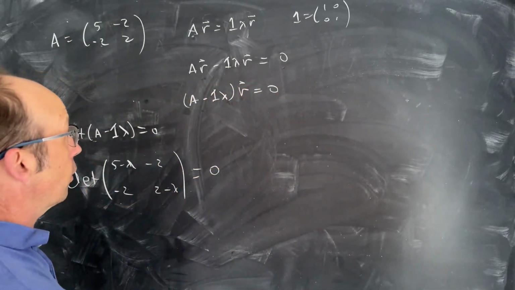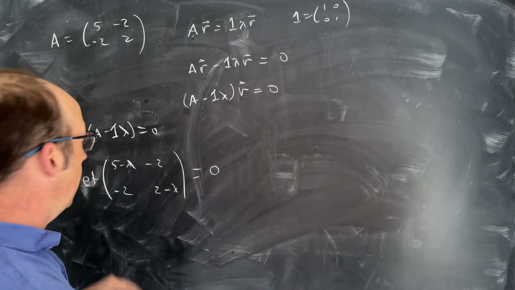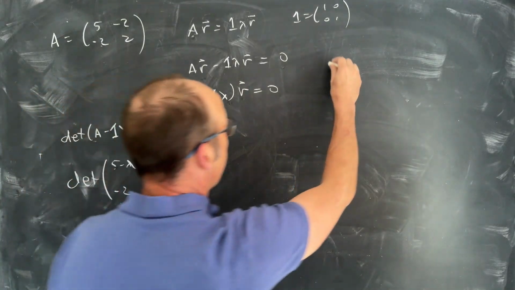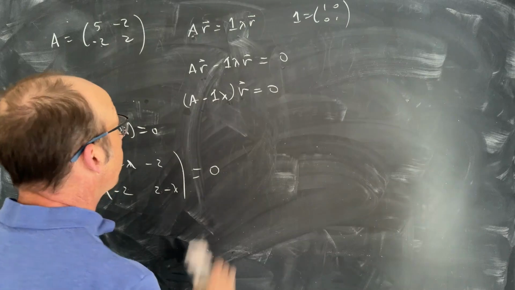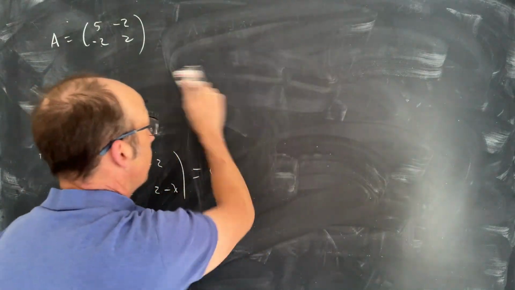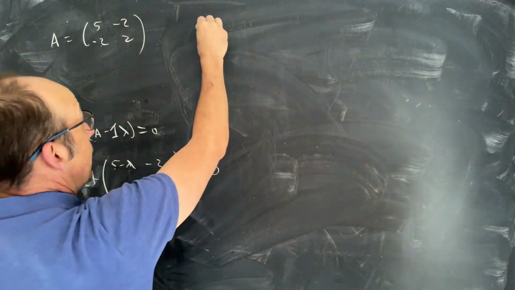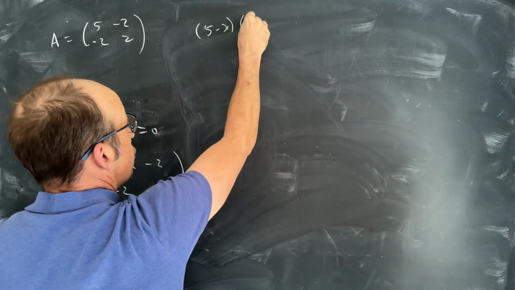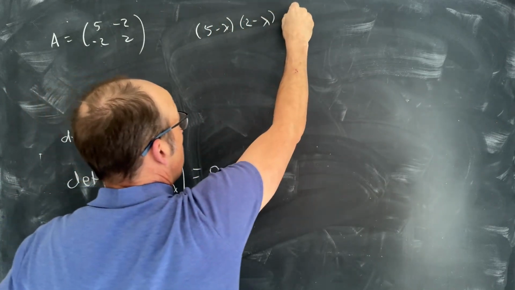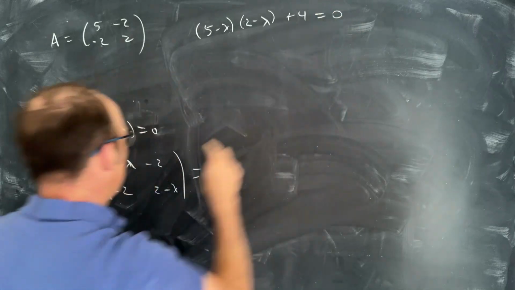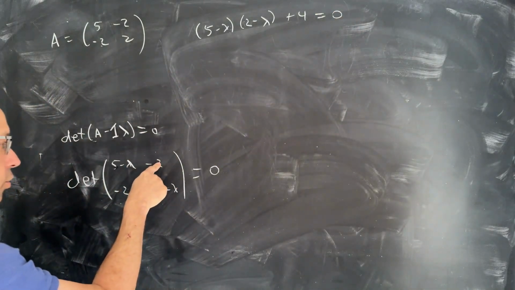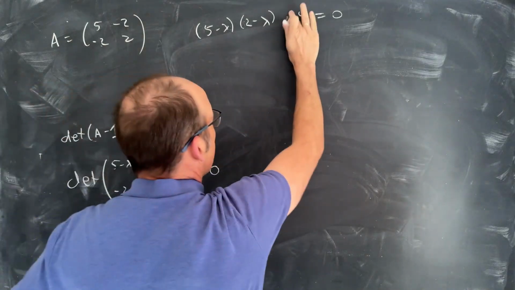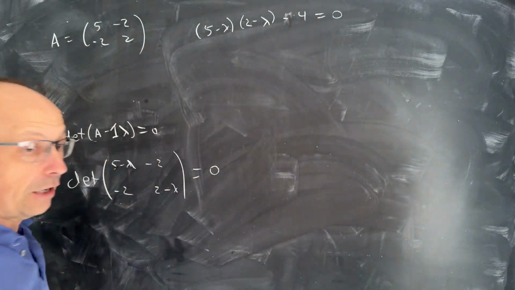We get this times this minus this times this. So I get 5 minus lambda times 2 minus lambda plus 4 equals 0, right? Because, no, wait, negative 2 times negative 2 is 4, but it's minus. I'm sorry, it's minus. So that's what I want.